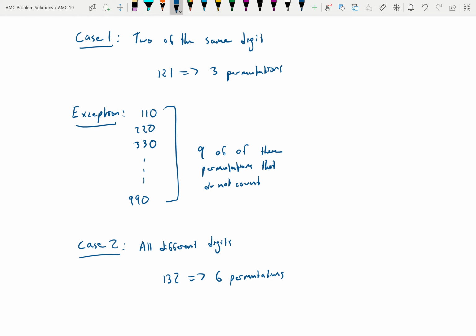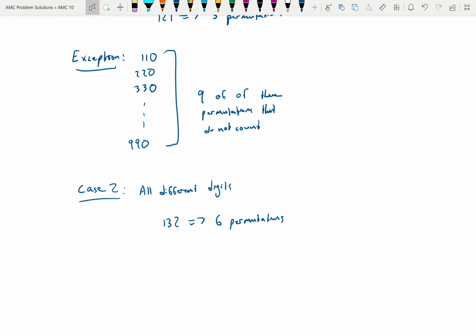But the issue with this here is, if you know your divisibility rules, you'd know that the divisibility rule for 11 is, I know something's divisible by 11 if I add the hundreds and the ones place and subtract the tens place. If that's either 0 or 11, then I know it's divisible by 11.